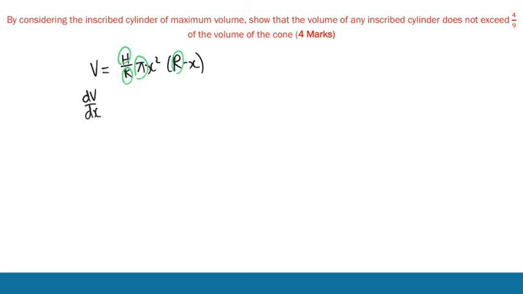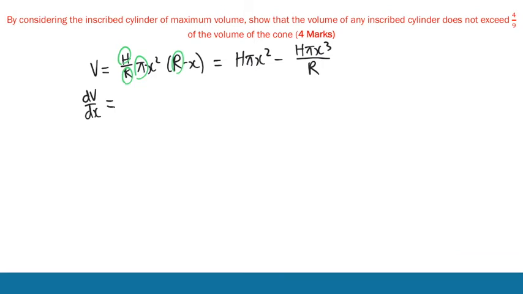So we're going to be differentiating with respect to x. To do that, the best way to approach this, in my opinion, you could also use the product rule, is to just expand this out. And if we do that, we get h pi x squared minus h pi x cubed on r. That's the expanded version of our volume formula. Now differentiating that is quite nice.